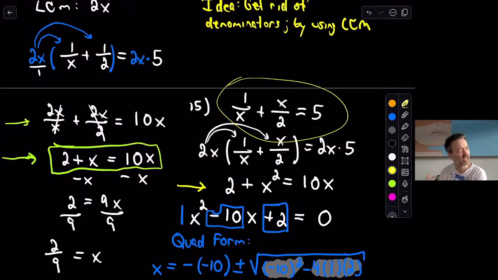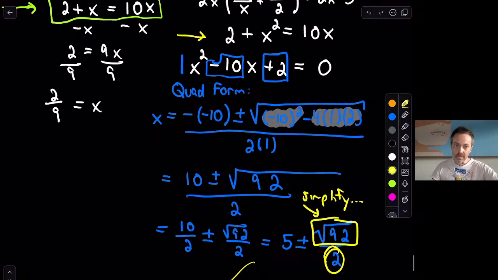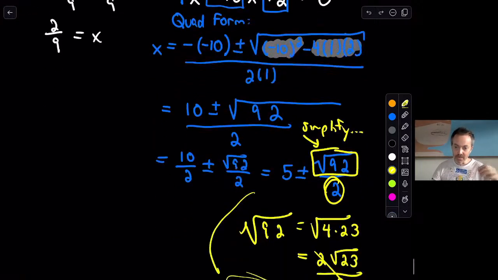Mainly what you need to look out for is a number turning your original equation into something undefined. Like, for example, if we got a solution of x equals 0, that can't work because we would get 1 over 0, which is undefined. So do check.